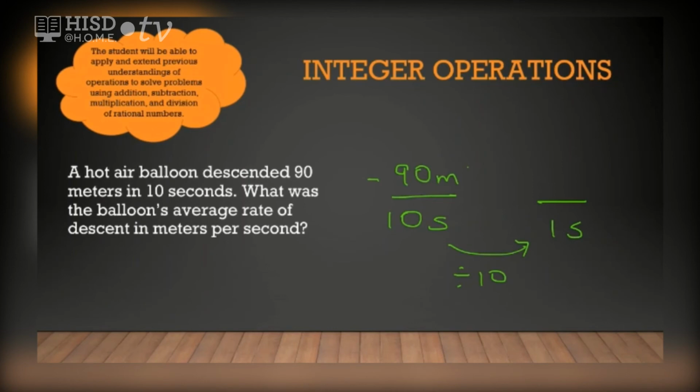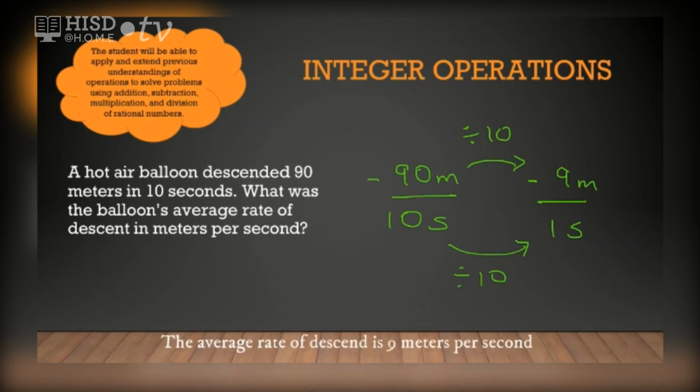So that means that on top we are going to divide by 10 as well. If we divide 90 divided by 10, that'll be -9 meters. So we can say that the balloon's average rate of descent was 9 meters per second.